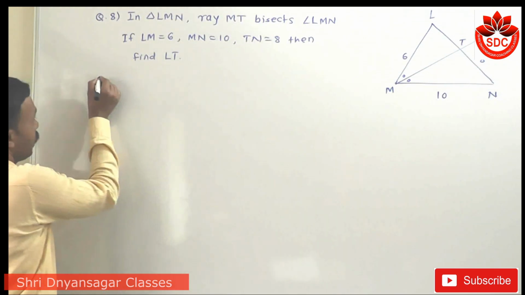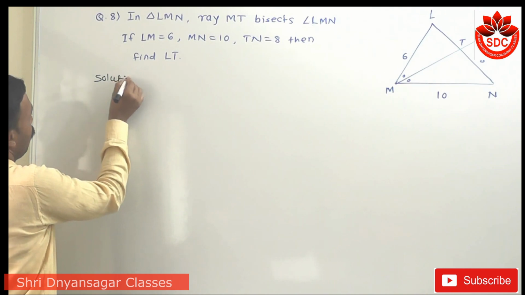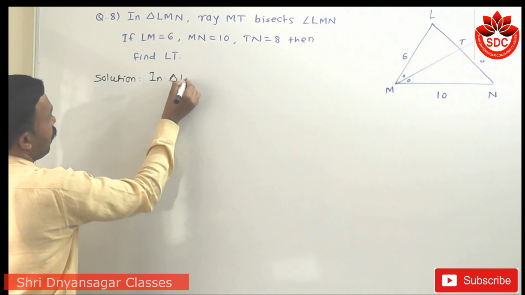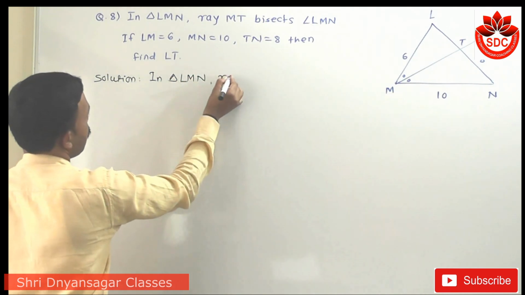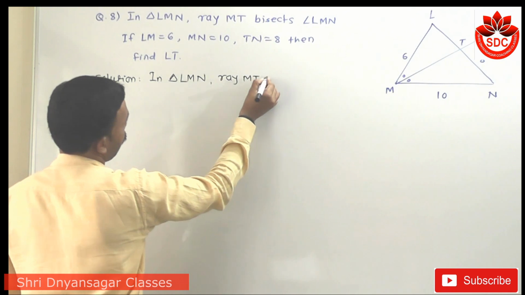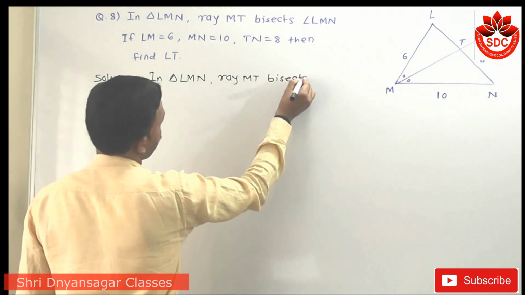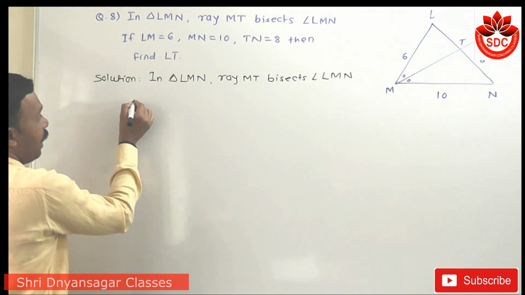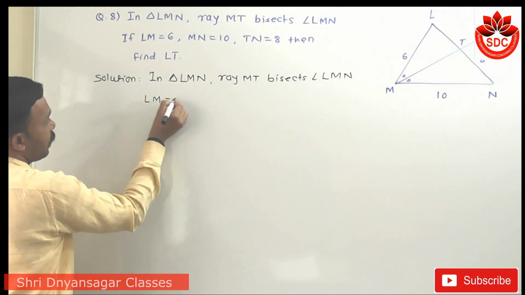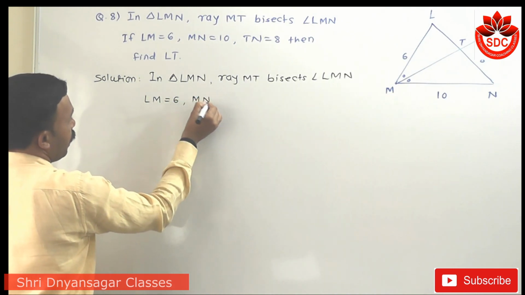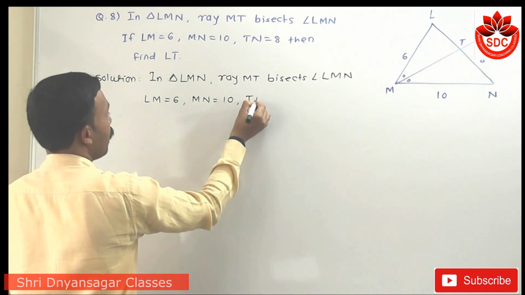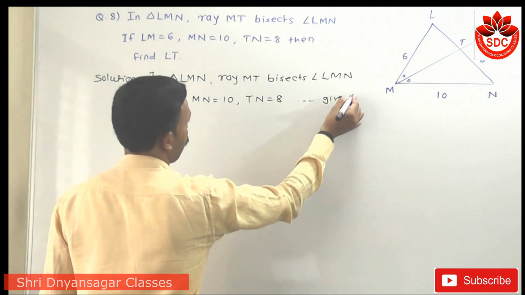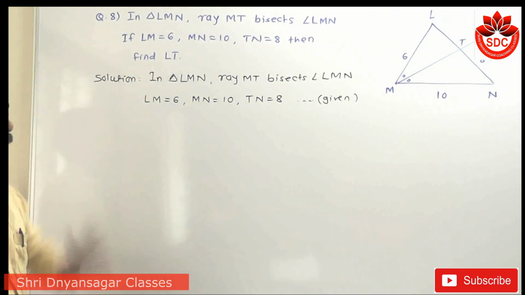So in your solution, the given is that in triangle LMN, ray MT bisects angle LMN, and LM is equal to 6, MN is equal to 10, TN is equal to 8. This is our given, and we have to find the value of LT.